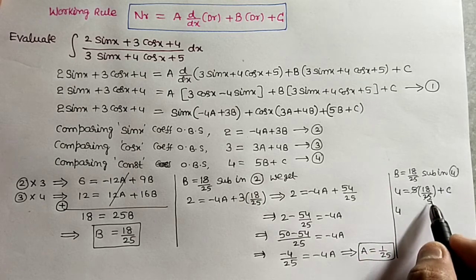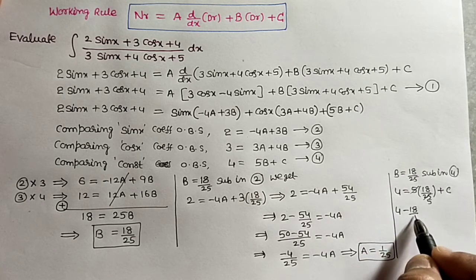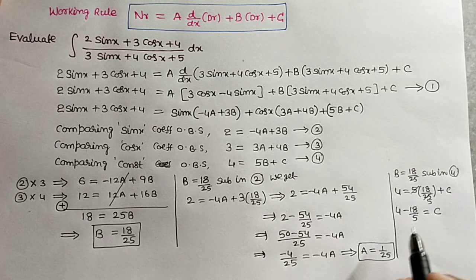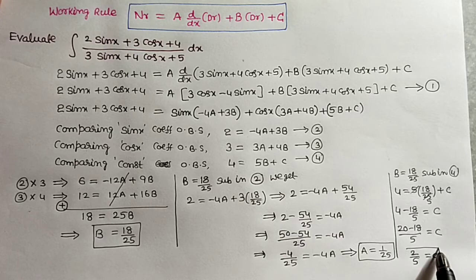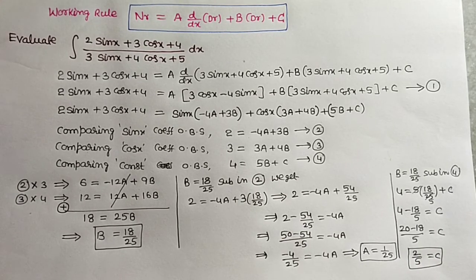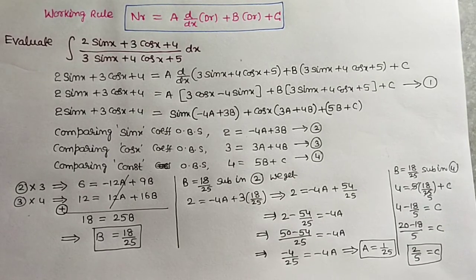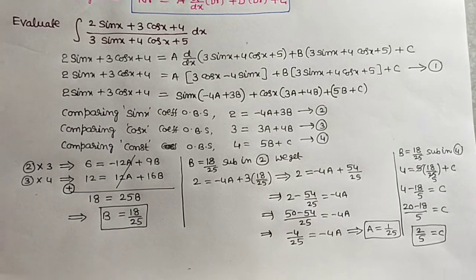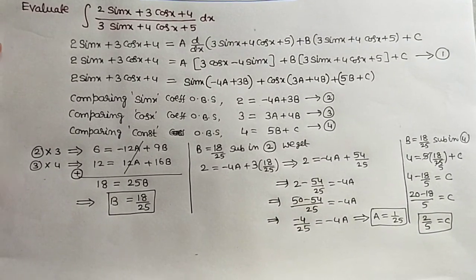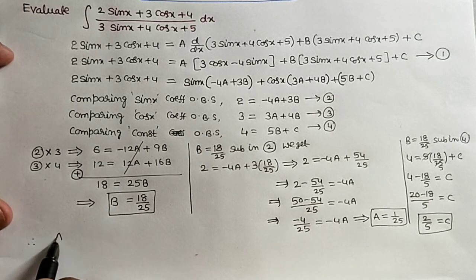So 4, 18 by 5 we are taking this side, minus 18 by 5 equal to c. 5 4s are 20. 20 minus 18 divided by 5 equal to c. So 20 minus 18 is 2 by 5 which is equal to c. Therefore, the values of a, b, c we got. These values you have to substitute in equation 1.